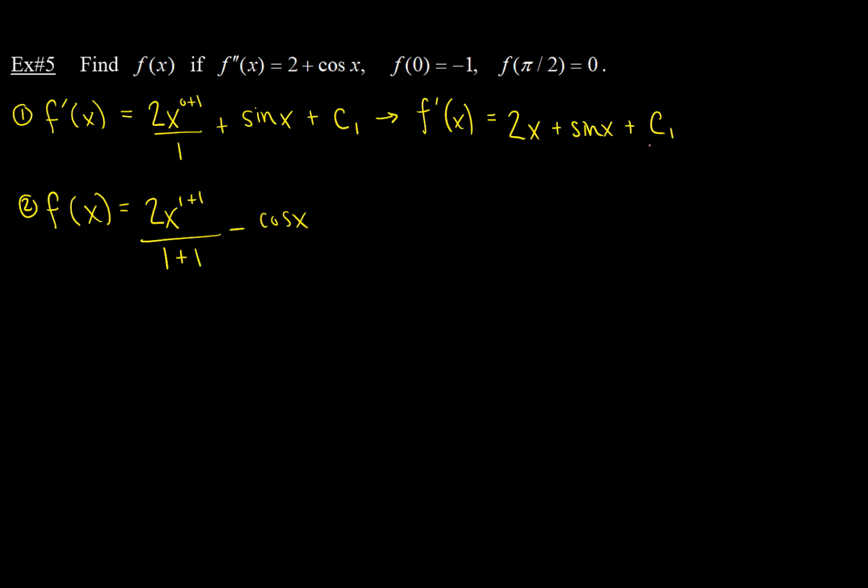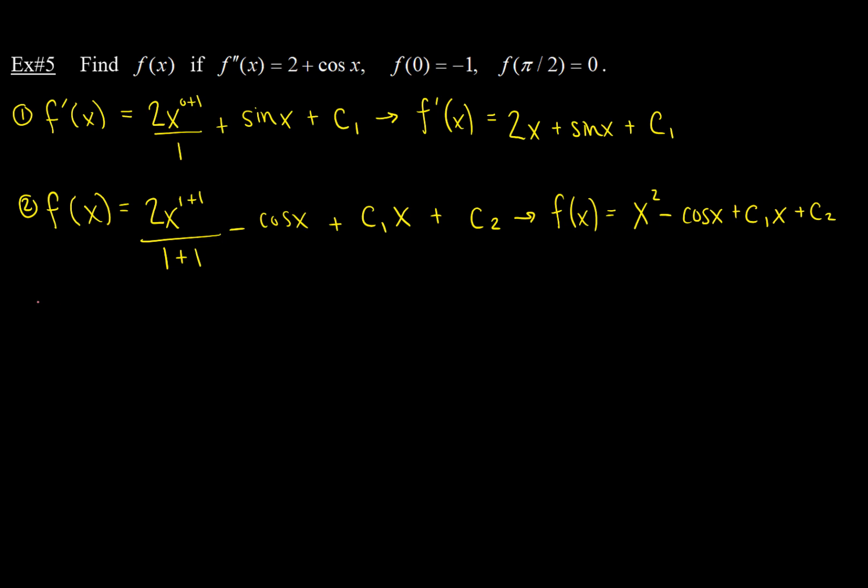And then the antiderivative of c sub 1 is going to be c sub 1 times x, right? Because I went from x to the 0 to x to the 1, and then I'm going to have a second constant. So if I simplify that, I'm going to have 2x to the 2 divided by 2, which just gives me x to the 2, and then minus cosine of x plus c sub 1 times x plus c sub 2.